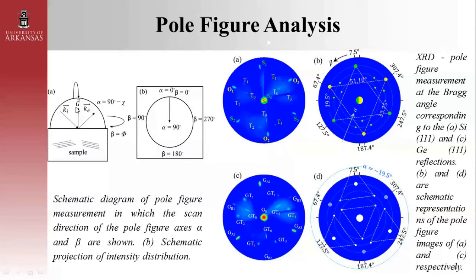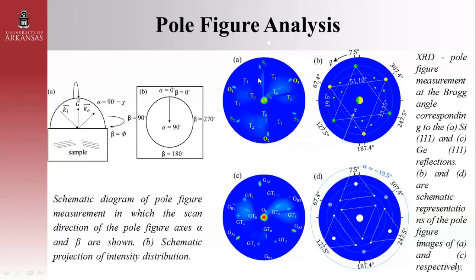So basically this is a phi scan at different values of chi. A phi scan means you are giving a polar scan by tilting your sample, keeping your Bragg condition fixed for a particular plane. If you don't understand, you can ask me during the question and answer time.